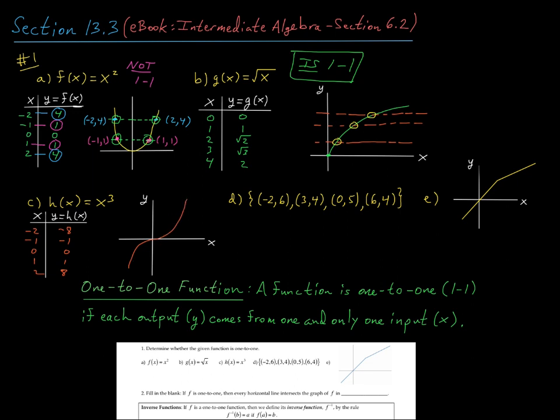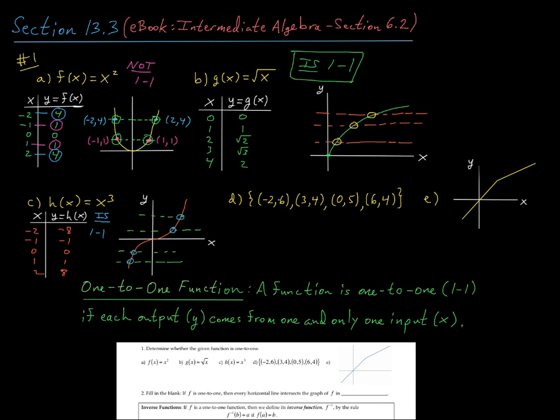Okay, and again, each one of these output y values is going to come from only one input. Okay, we're not going to have this sort of doubling up effect. The number 8 as a y output can only come from 2, right? So here again, we're saying that this thing is one-to-one. Okay, each one of these horizontal lines will intersect our graph in only one place.